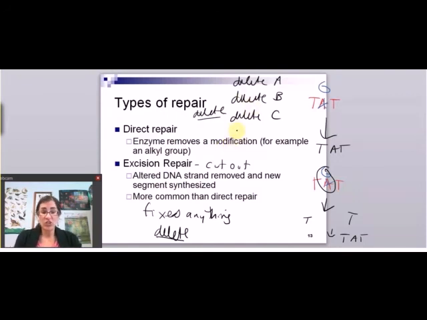You'd have to have a huge keyboard, right? And push delete A, and then you could type back in what you wanted. Delete B, a whole separate button to delete. So for every mistake that you made, you would have to have a different way to fix it. So that's not very efficient. It's more efficient to have the one button, the delete button, that can undo anything. And so again, that's why that's the most common type of repair.